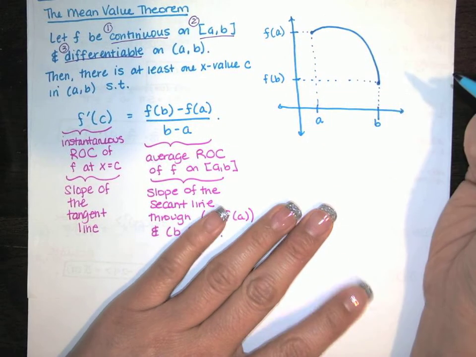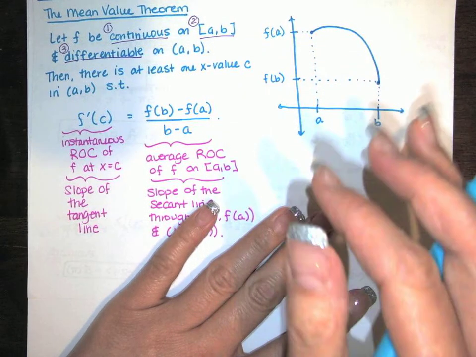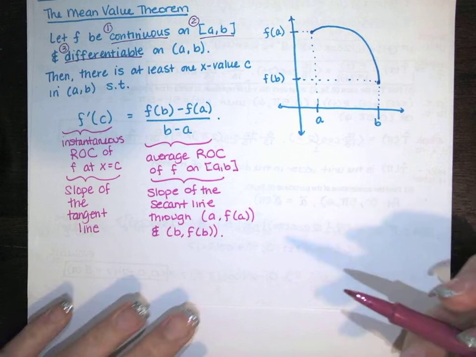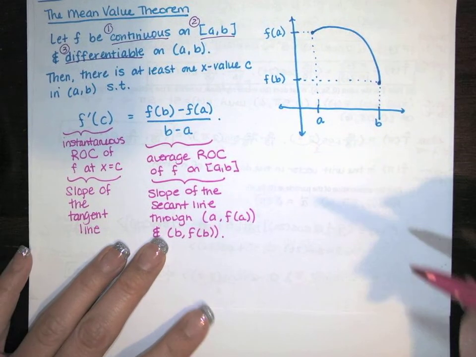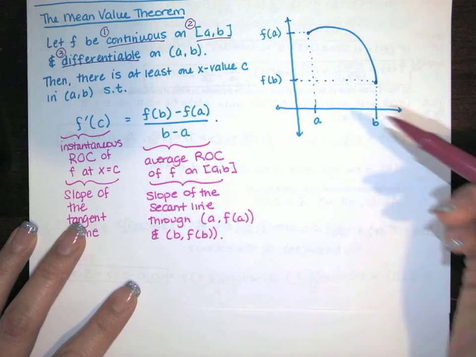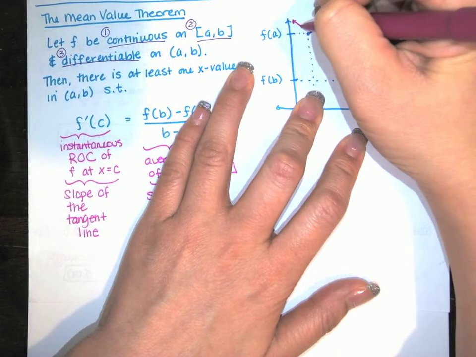It's like we took Rolle's theorem and we turned the whole graph on its side. That's how I always like to think of it. Maybe this is our graph. The average rate of change of f on the interval from a to b is the slope of the line that passes through these 2 points. So here's my secant line.